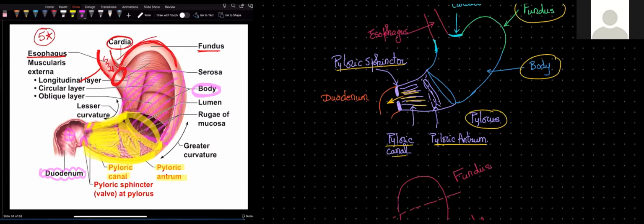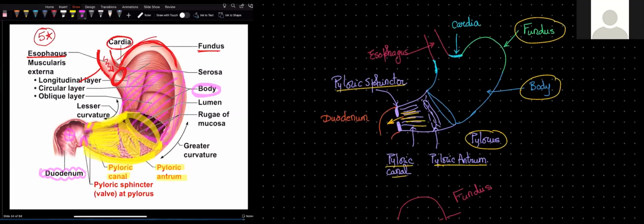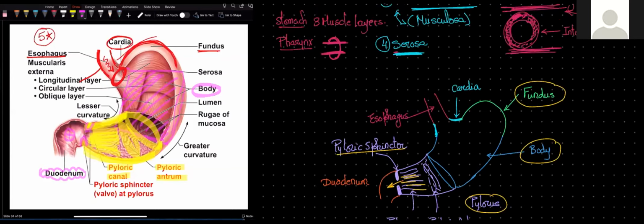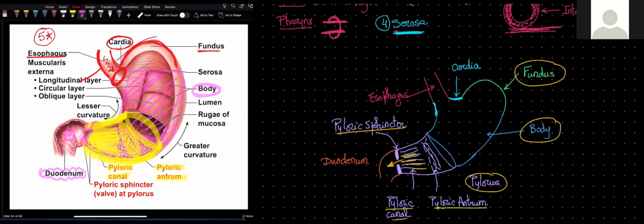All right, does this make sense? Also, if you see on here, the stomach is going to have a large curvature. This is going to be my greater curvature.